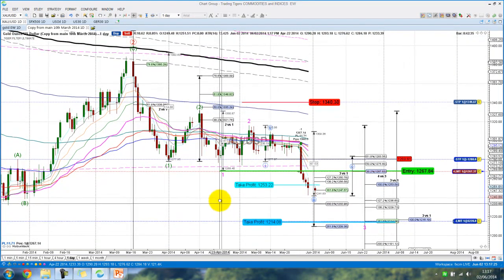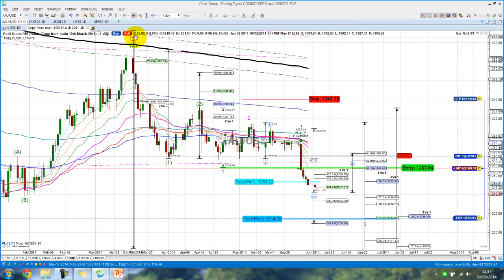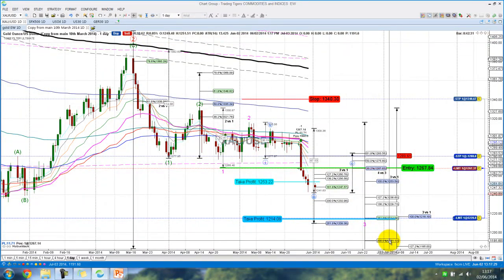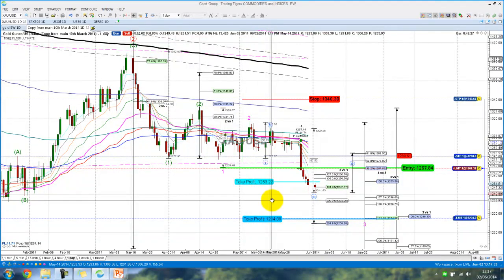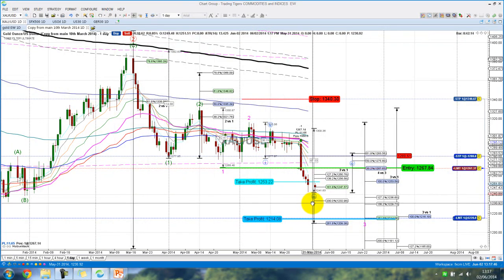So the wave structures go down from a wave 3, we're in the primary wave 3, also of the intermediate, that's green in brackets, wave 3 of the minor, which is pink, and we're in a completion, we should believe, of a wave 3 of the minute, which is blue in brackets.